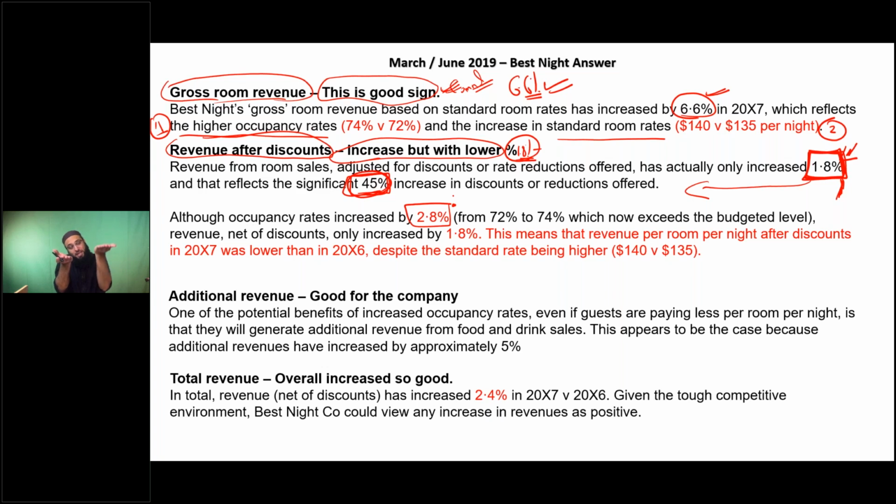Occupancy percentage increased more than this 1.8%, which means this is pushing revenue increase, but revenue isn't increasing in the same proportion because there is one more factor that is not allowing it to increase at the same pace, and that's the price, which means after discount your prices have gone down compared to the previous year.